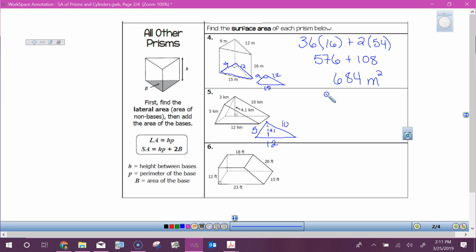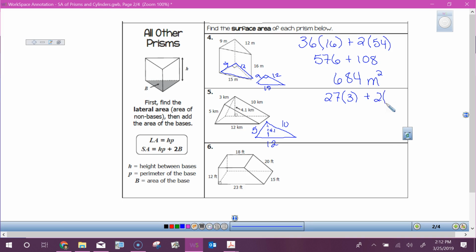Okay? So the perimeter of this is what? 27. Good. 27 times. Now look at that. Okay, remember, your height is the distance between the 2 bases. What is my height? How much? 3. Good. You're using your 3 in that case. Plus 2 times.